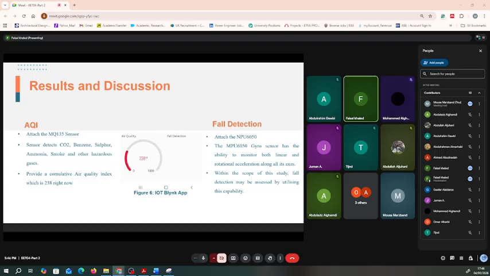The sensor has the ability to monitor both linear and angular acceleration along its axis. Within the scope of the study, fall detection may be assisted by utilizing this capability.